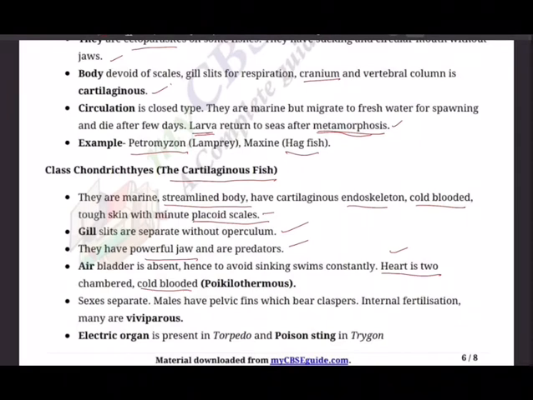Males have pelvic fins which bear claspers, and internal fertilization. See, until then it was external fertilization. What is the disadvantage of external fertilization? I told.